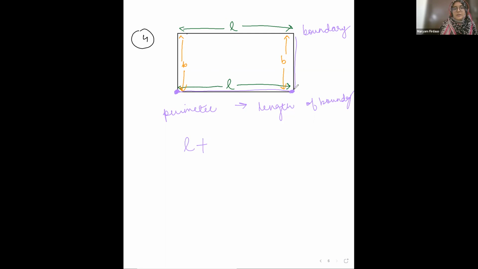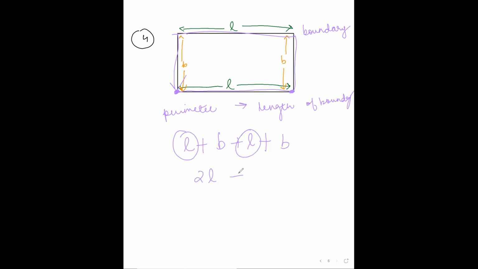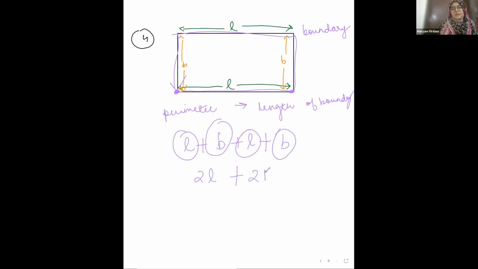Then you walk till here, you will cover B. Then you walk till here, you will cover L plus B. Plus when you reach back here, you will cover B. So how many L's do you have? 2L. How many B's do you have? 2B. So you have 2 as common, right? 2 times L plus B. So this is the formula for the perimeter of a rectangle. Is that okay? Okay.